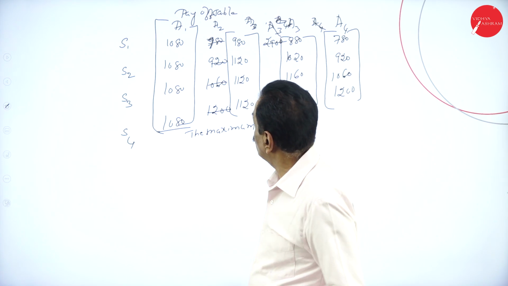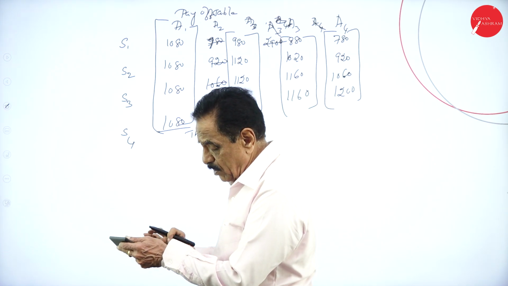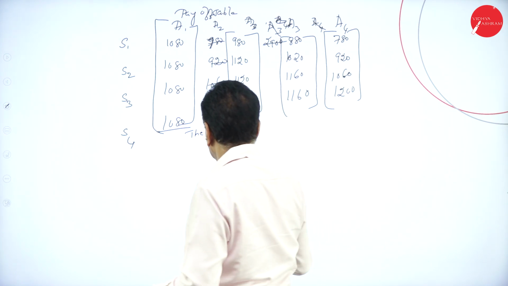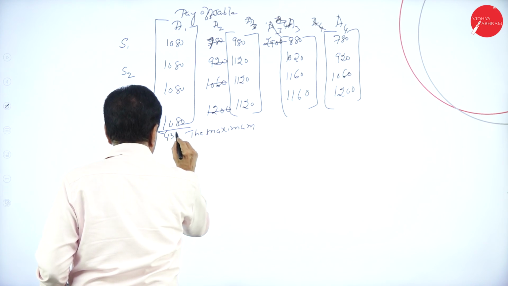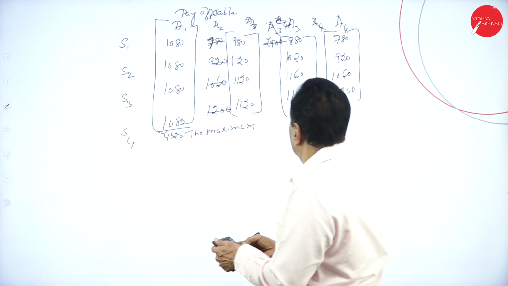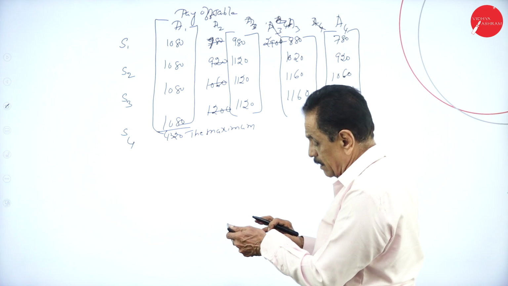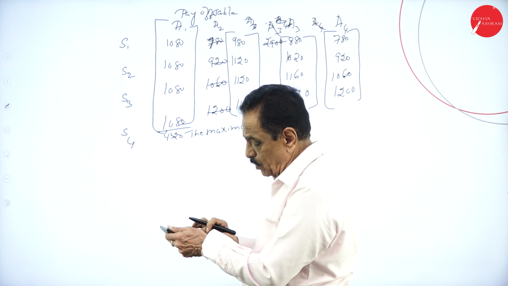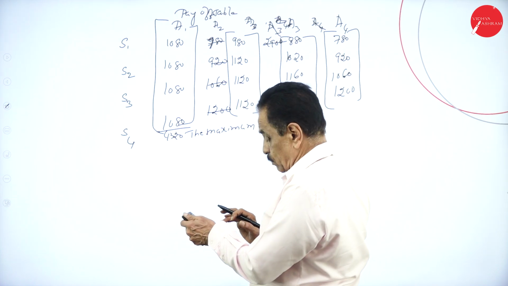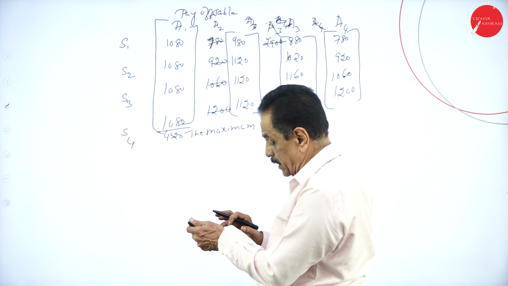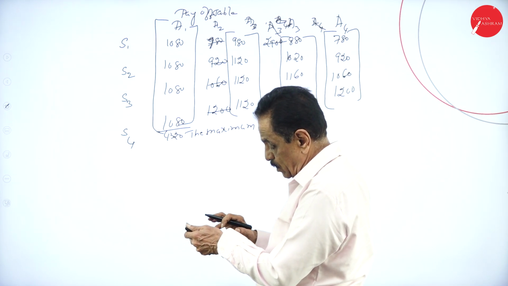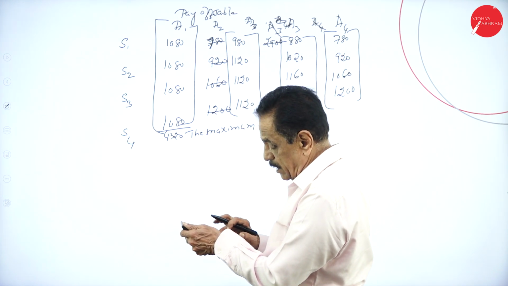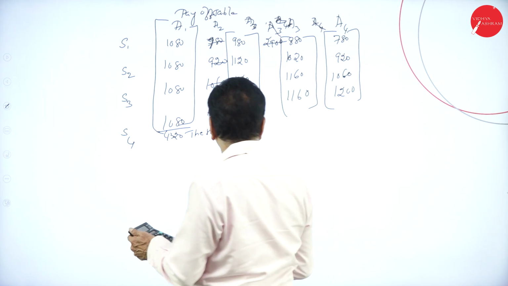So this is 1080 into 4, 4320. 980 plus 1120 plus 1120 into 3 plus 980, 4340.